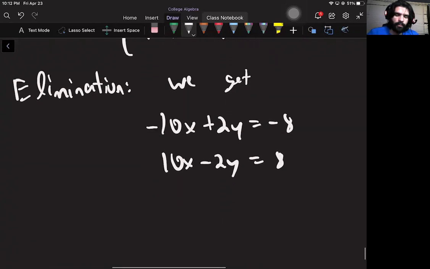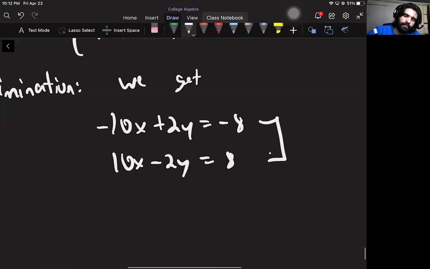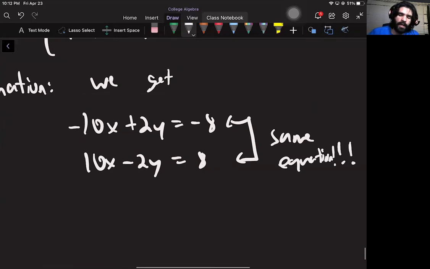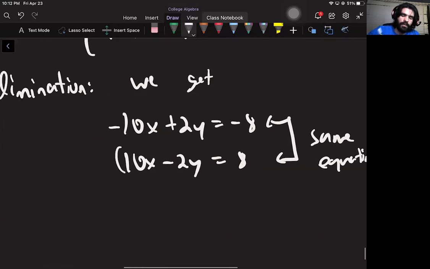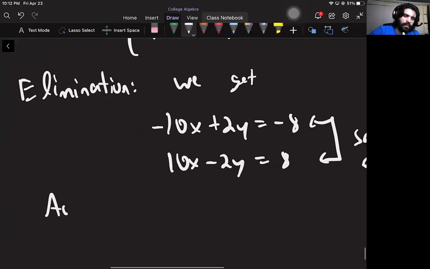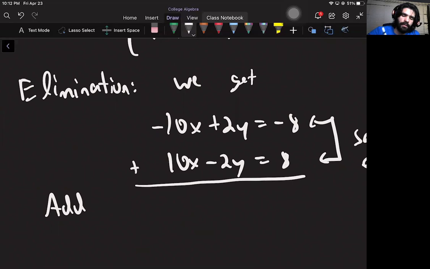And what you might notice before we even add is these are actually the same equation. If I just multiply one of them by a negative, I'll see that they're exactly the same. I'm not going to do that, but you could. Instead, what people do is they just add the two, and what they get is 0 plus 0 equals 0.